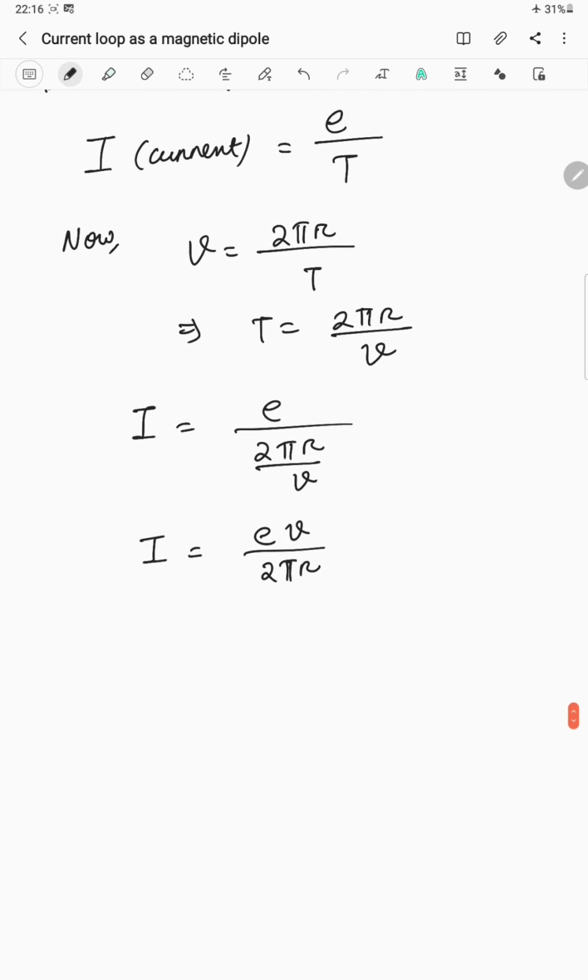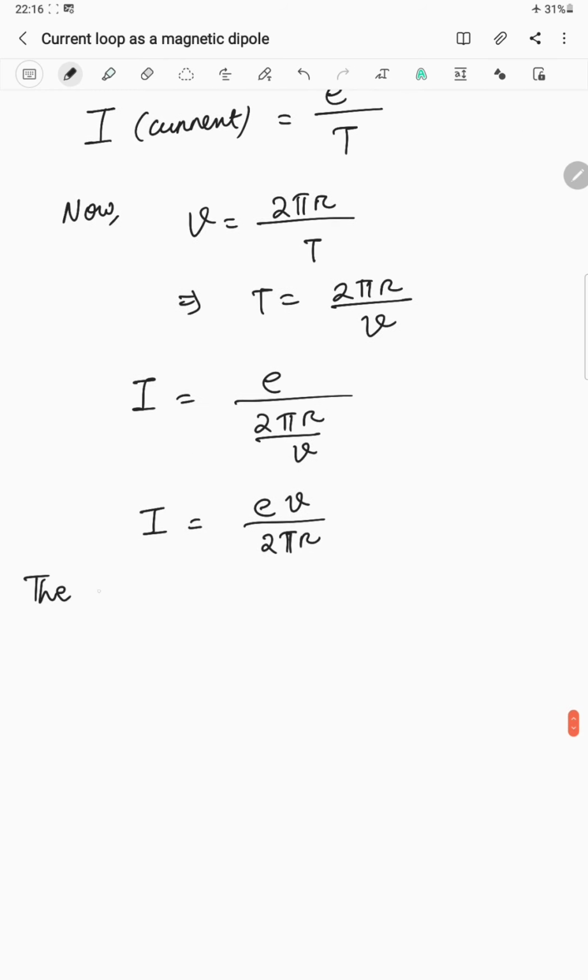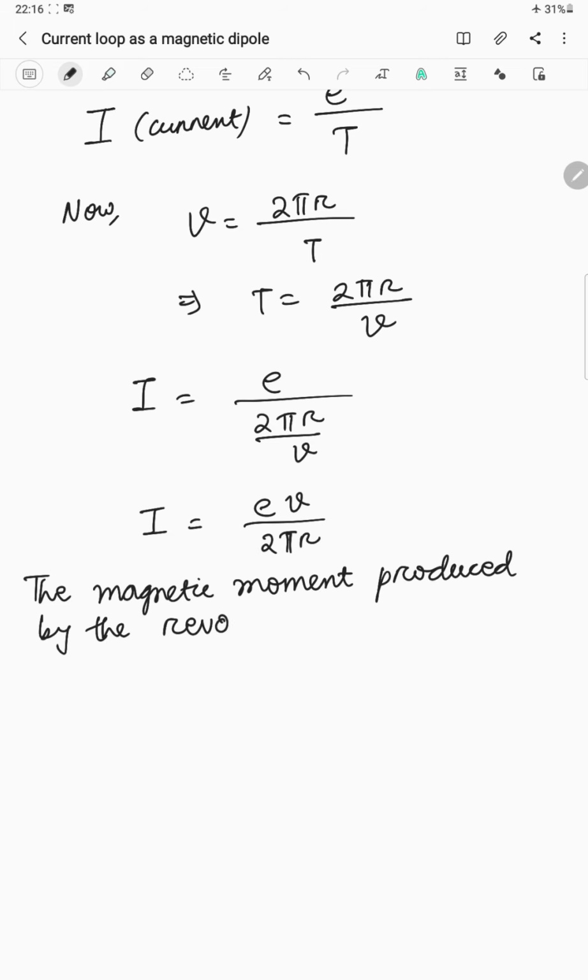Clear? Now the magnetic moment produced by the revolving electron is given by mu L. So the magnetic moment in case of electrons will be represented by mu L. And what is it?